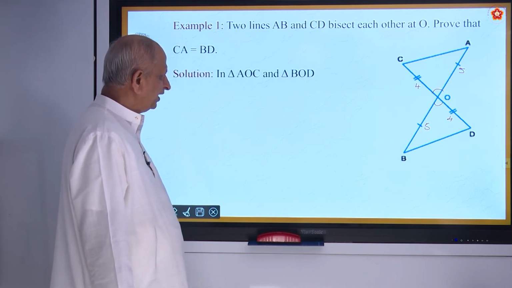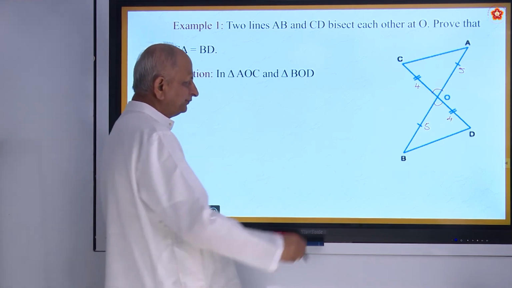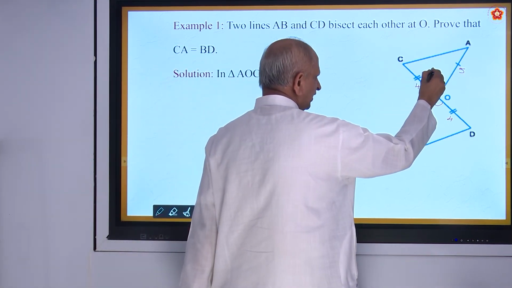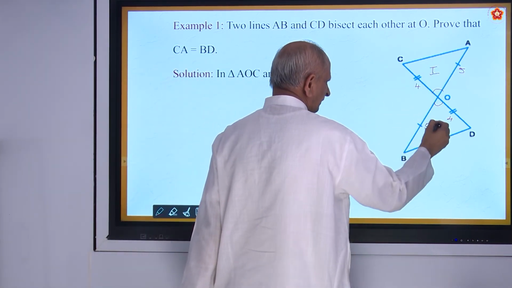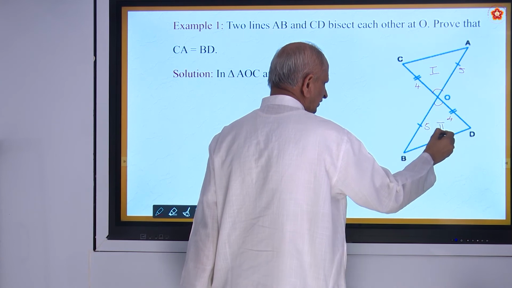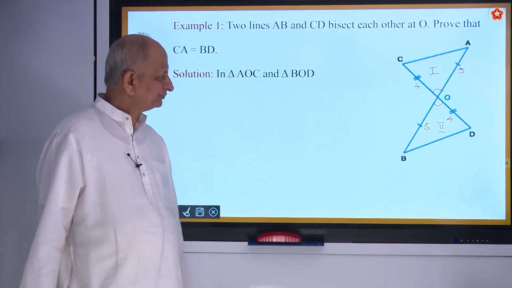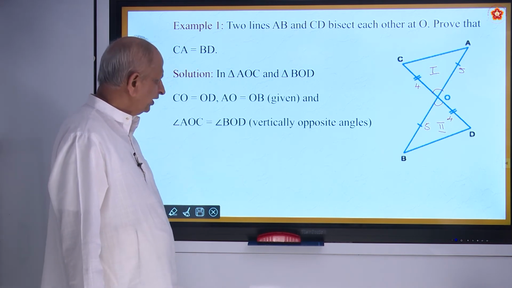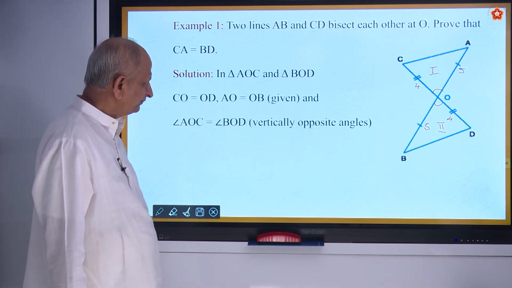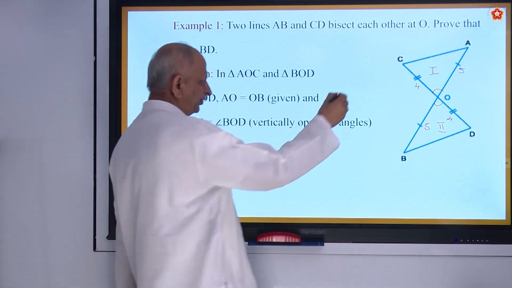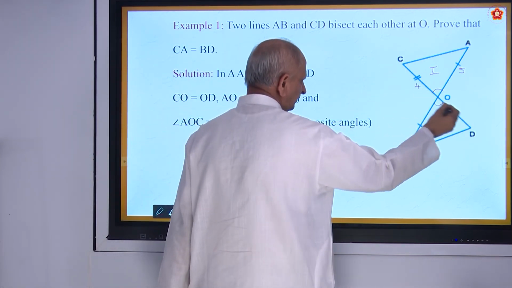So in triangles AOC and BOD, AOC is here and BOD is here. In these two triangles, writing down: CO is equal to OD.